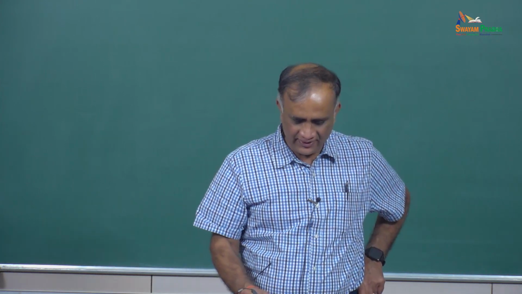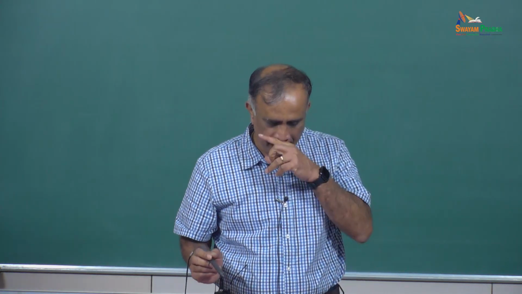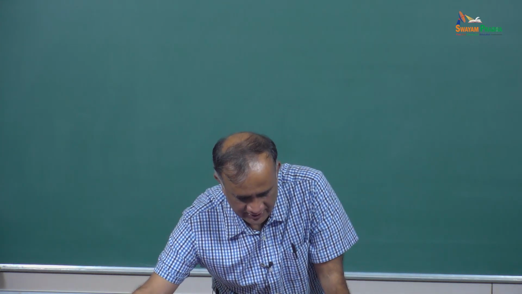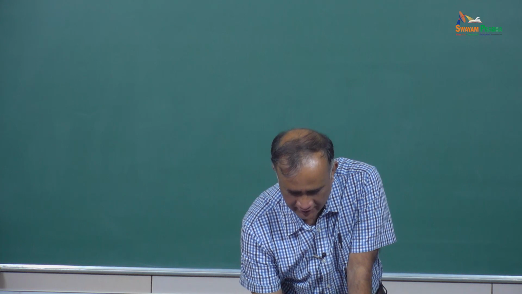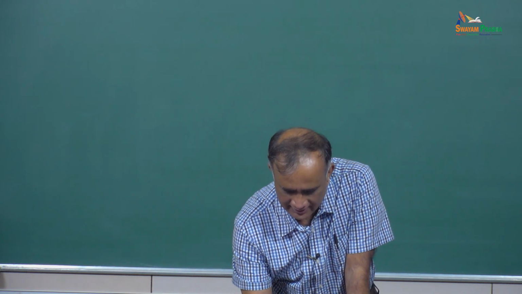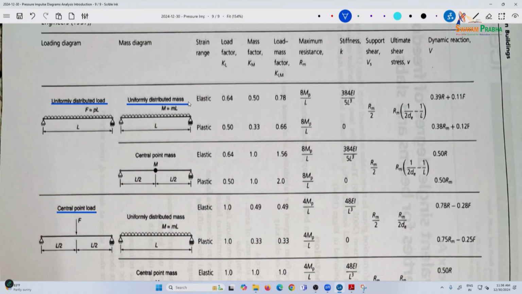So what they have here is the loading diagram, and two things to be observed. This is uniformly distributed load, for central point load, uniformly distributed load, and then here you have of course the mass, uniformly distributed mass. Central point mass we will not consider, but there are two things you should look at, elastic and plastic.